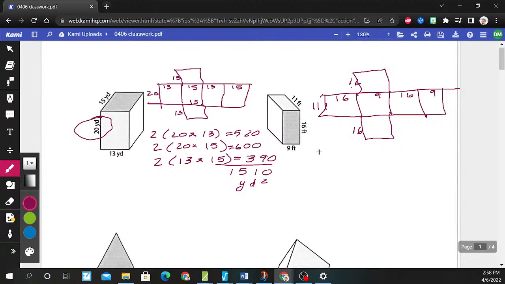So that means that we're looking at 2 times 11 times 16, and 2 times 11 times 9, and then 2 times 9 times 16.